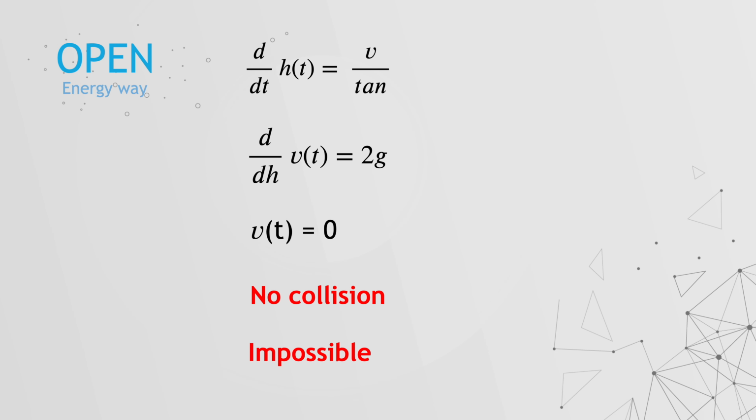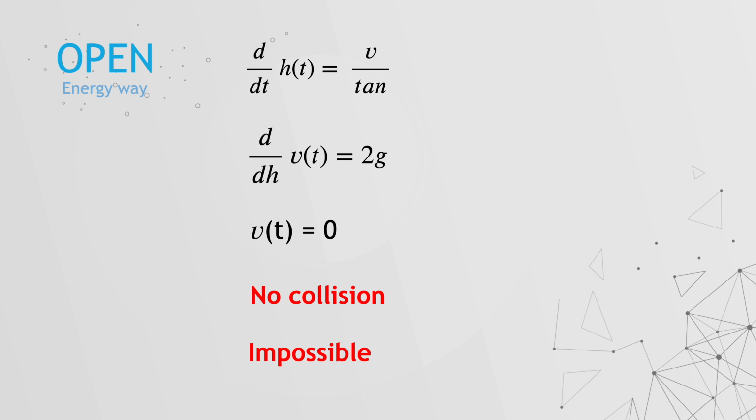Then we have to find a second way to figure out the opening time. We will solve the equation in an energy way, and we get h of t, where h of t means the height of the mass, and dh/dt equals v of t times tangent theta.